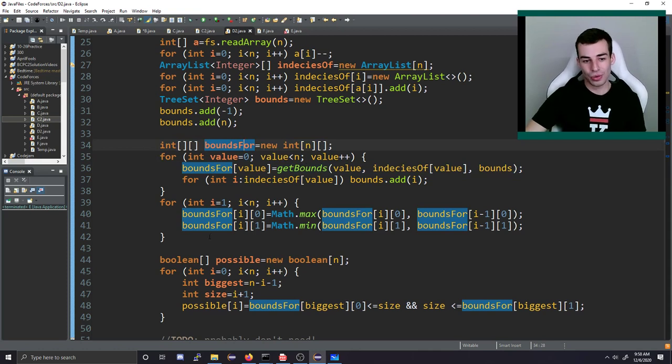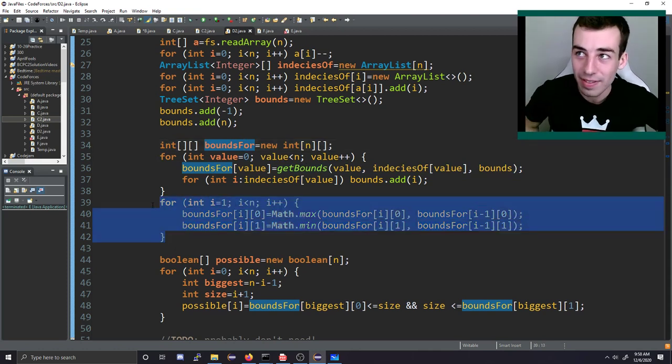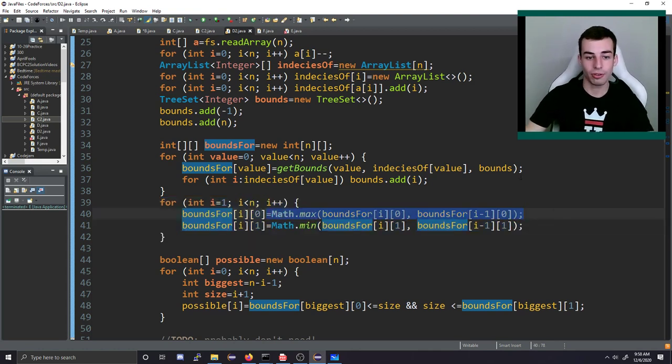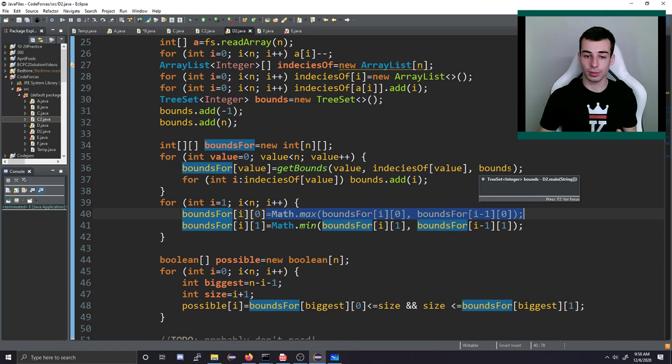If the biggest number in my array is going to be 7, for instance, then I need to satisfy the bounds for 7, 6, 5, 4, 3, 2, and 1, which means I need the constraints for everything from 0 to 7. I need those minimums to all be satisfied. So I need the maximum of those minimum requirements, and I need the minimum of the maximum requirements. Those all need to be satisfied.